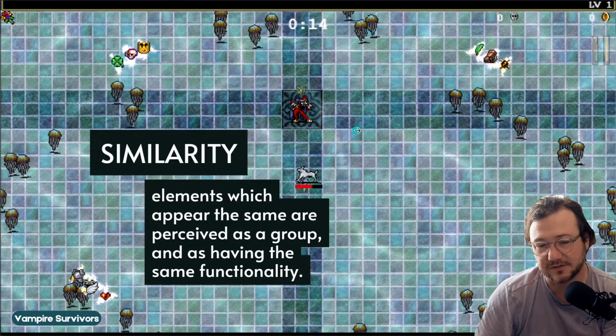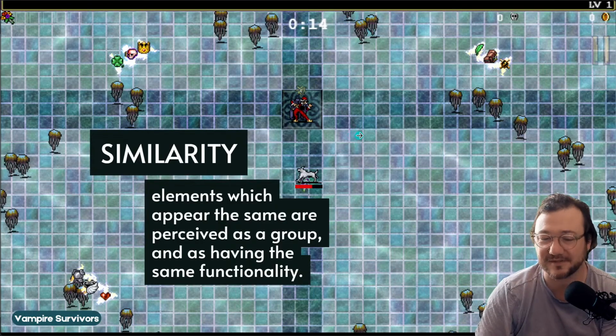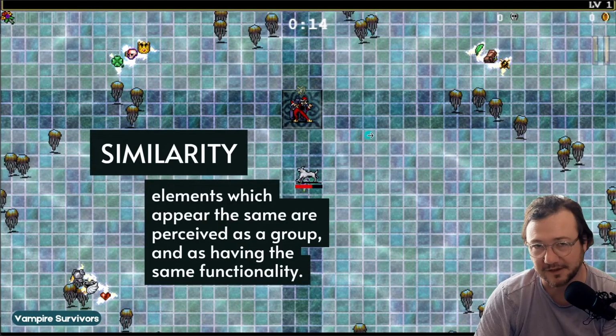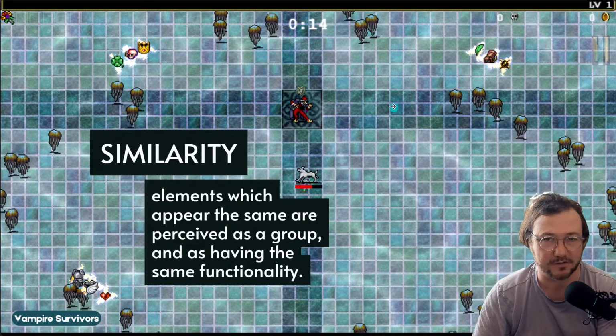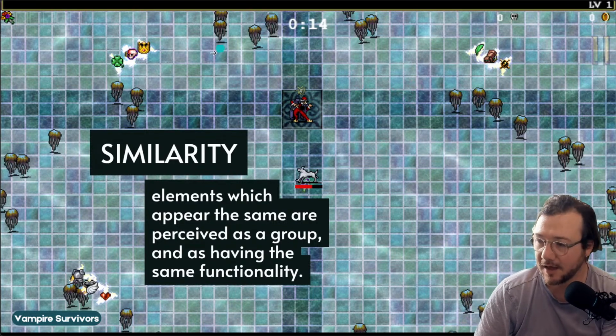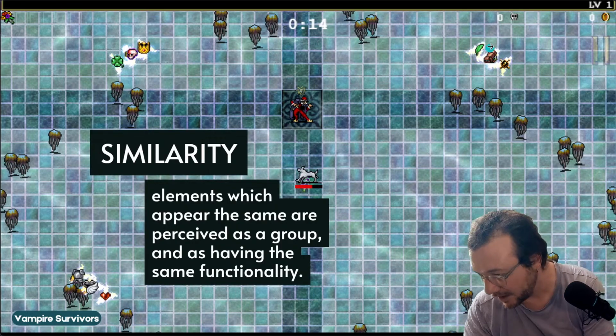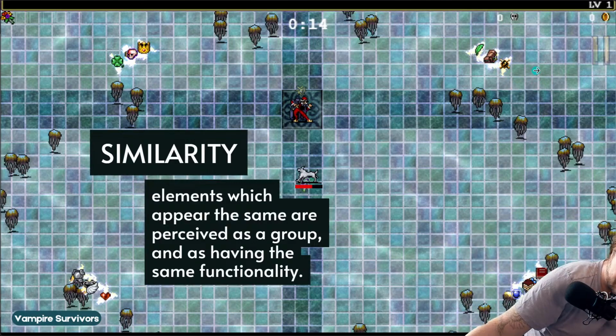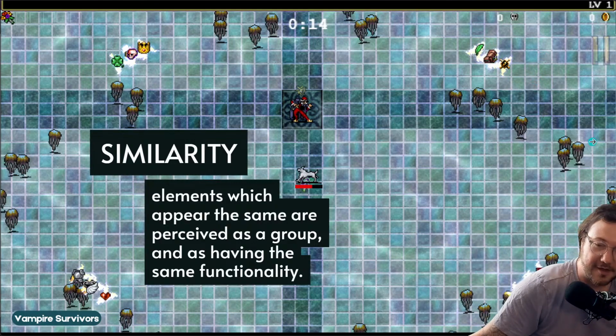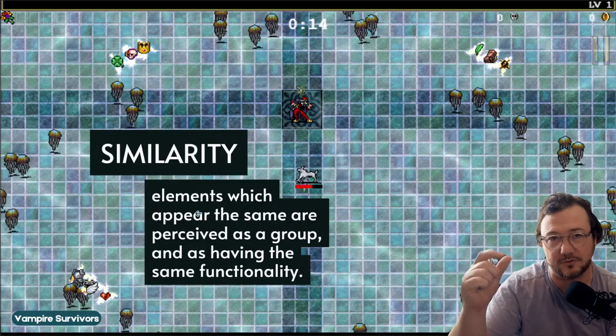Similarity is really just the idea that when we make things look the same, then we perceive them as doing the same thing, right? This is what that would mean in the context of games, at least. So this is Vampire Survivors. You can see there are these different little objects floating around on the HUD here. I think I might even be hiding some down this corner. There we go. And they all have this directional arrow on, right?